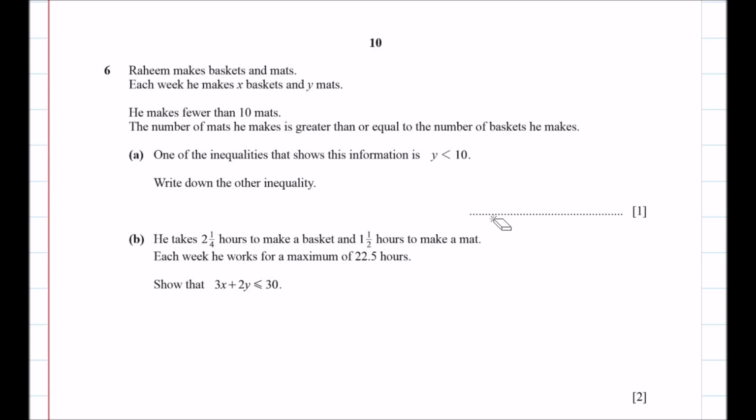One of the inequalities that shows the information is Y less than 10. So Y mats, X baskets. Let's underline this. X baskets and Y mats. And it says he makes fewer than 10 mats. 10 mats means talking about Y. So Y less than 10 is written for this sentence here.